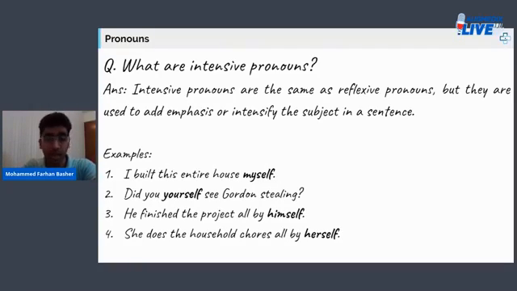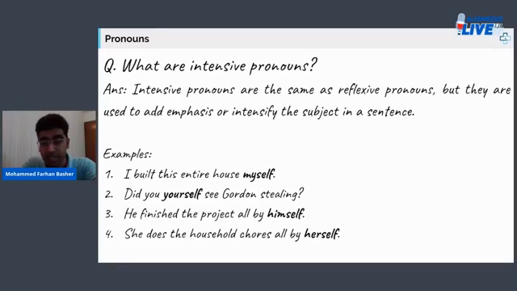I built this entire house myself. Did you yourself see Gordon stealing? He finished the project all by himself. She does the household chores all by herself. Now, in all these examples, you can see that the subject is emphasized, right?